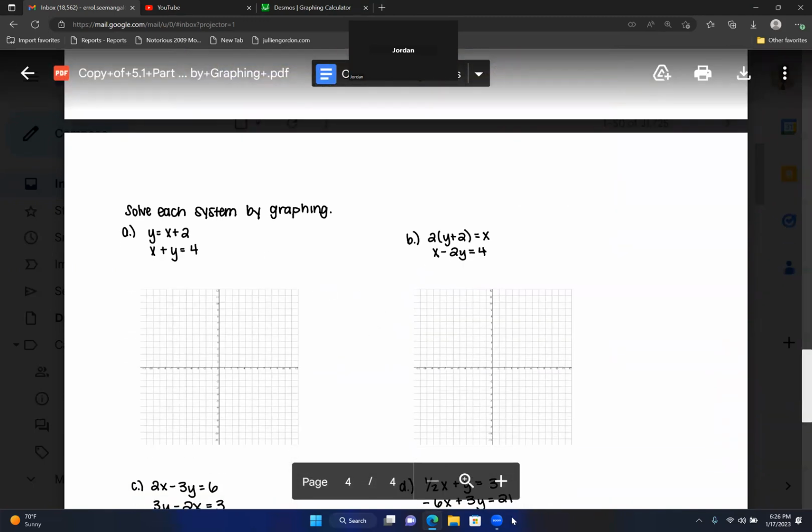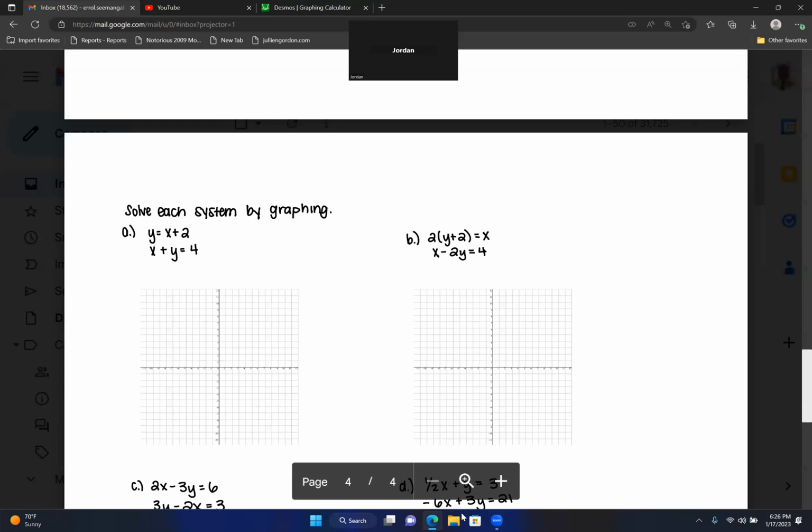Substitution is basically plugging in. The general idea is doing this. That one's solved for y already, right? So all you're going to do is take this y and substitute it in right there. Elimination, you're matching up the coefficients and then adding or subtracting to eliminate one of the variables.